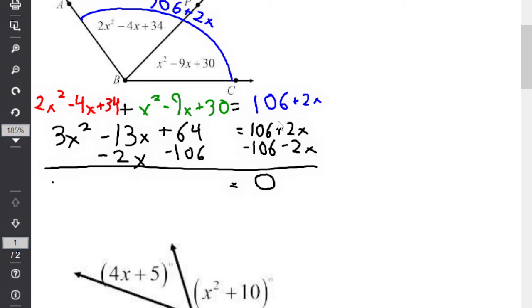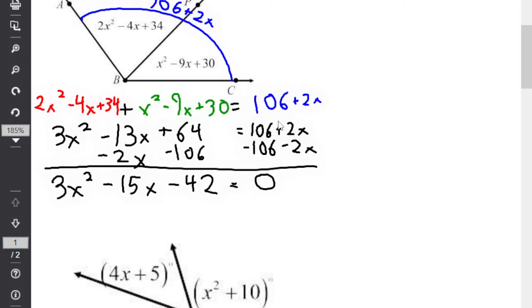And on the left side, that gives me the 3x squared, negative 13 minus 2 is negative 15x, minus 42. Remember, you want to start by factoring out a GCF number that can come out of the whole thing.